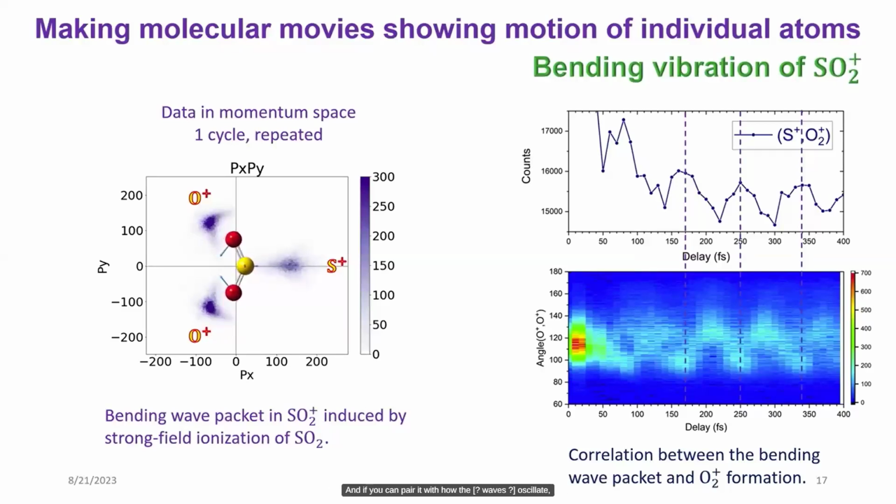If you compare it with how the wave vectors oscillate, in the lower plot you can see the angle between the two O+ momenta. Whenever the angle gets small, there's a higher chance that you will form molecular oxygen ion. It gives you a very intuitive picture about the dynamics that are going on.